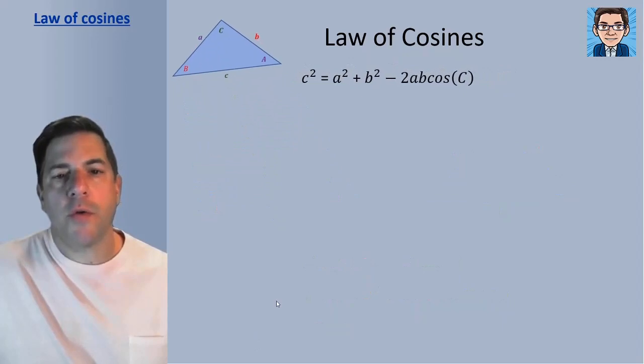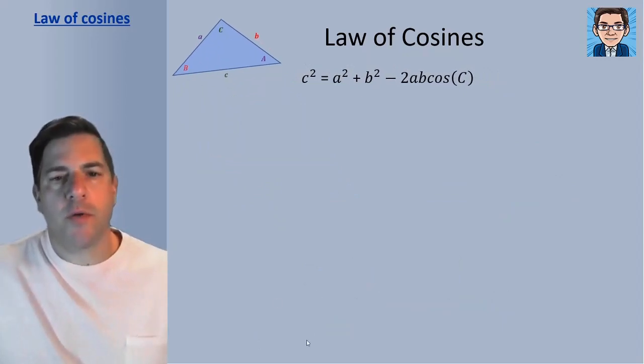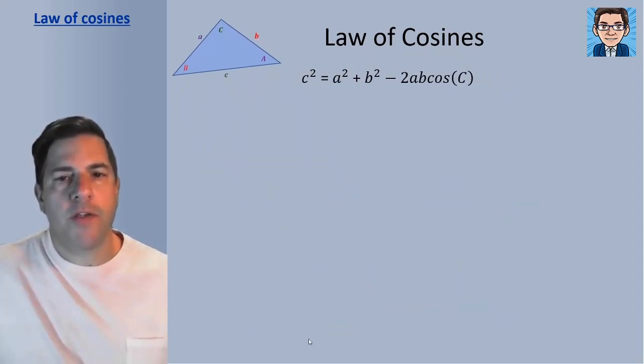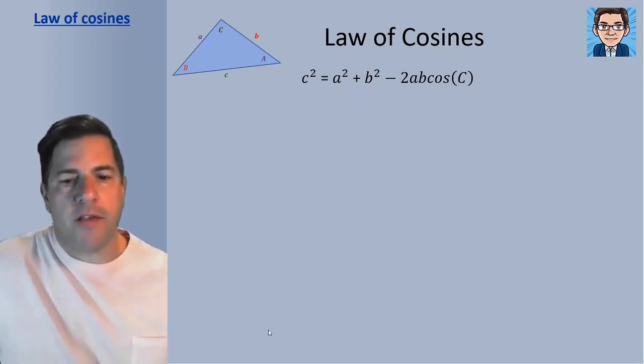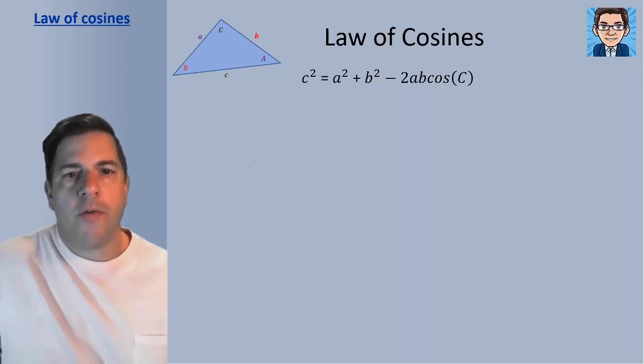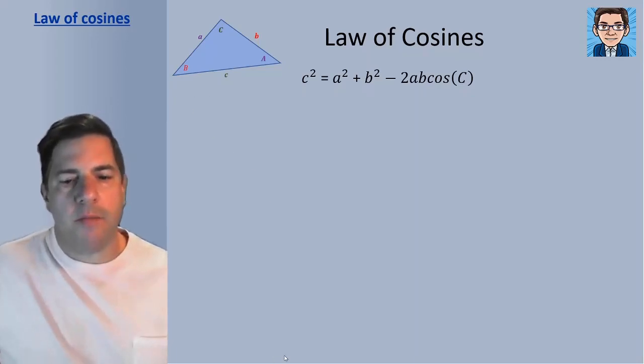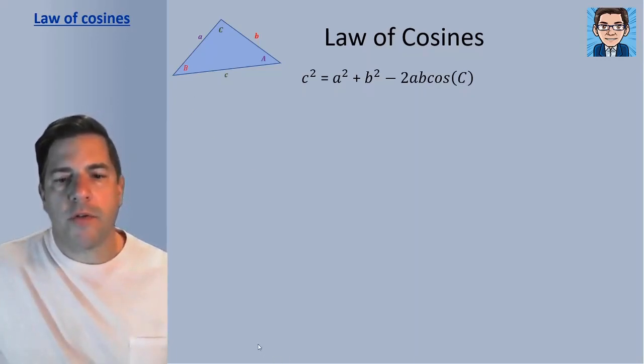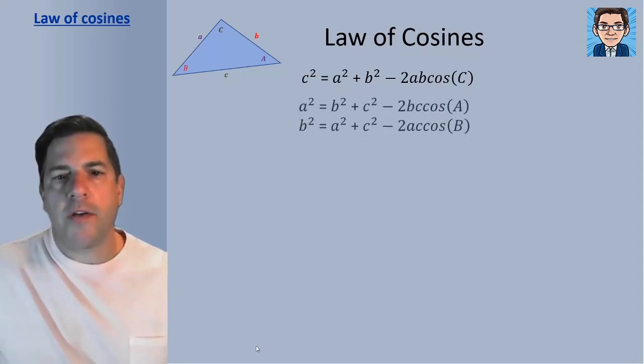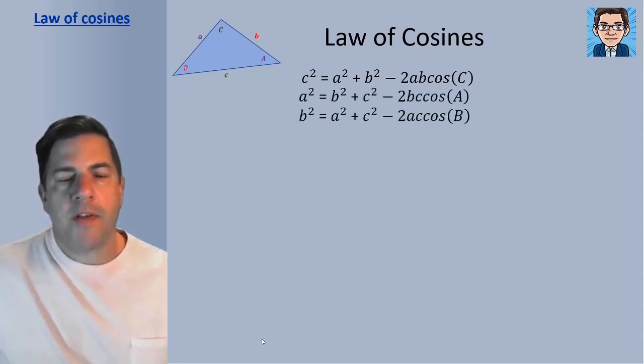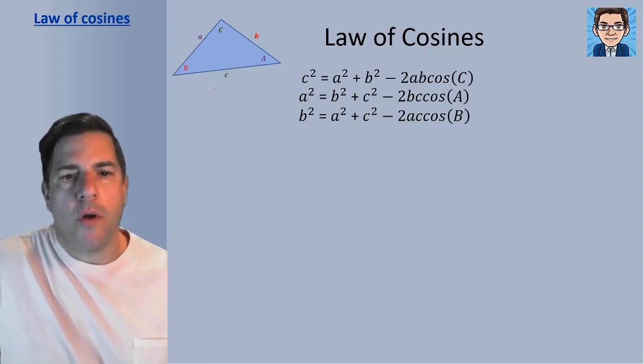Now we're going to use just this one equation, c squared equals a squared plus b squared minus 2ab cosine c. Some lessons say, well, that's for c, but what about for a and b? And then they introduce additional equations for a and b. Then they say, what if we want to know c right away?